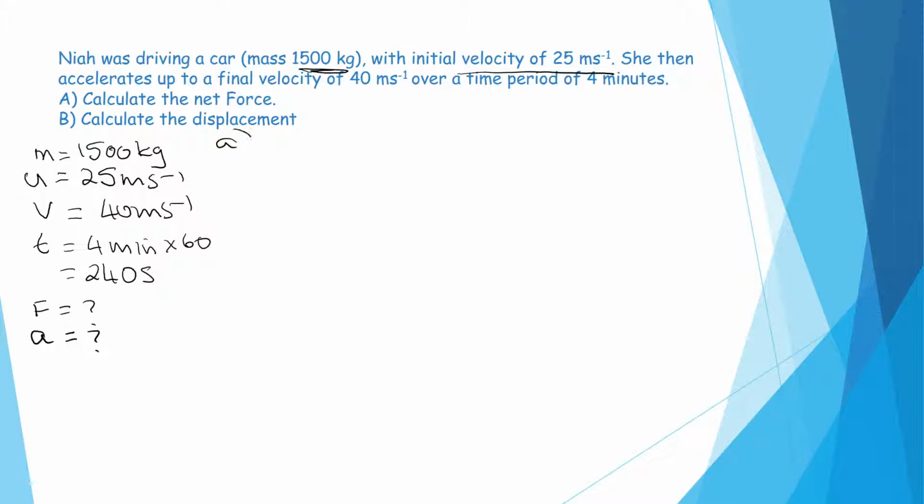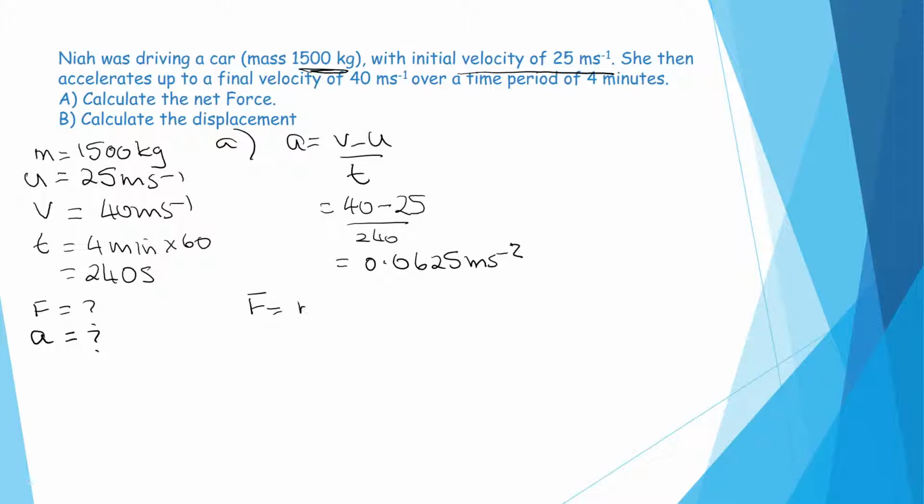So part A, acceleration equals V take U over T. So final velocity is 40 minus 25 divided by 240. So our acceleration is going to come out to 0.0625 meters per second squared. So now, because we've got an acceleration, we can now find a force, which is equal to a mass times acceleration.